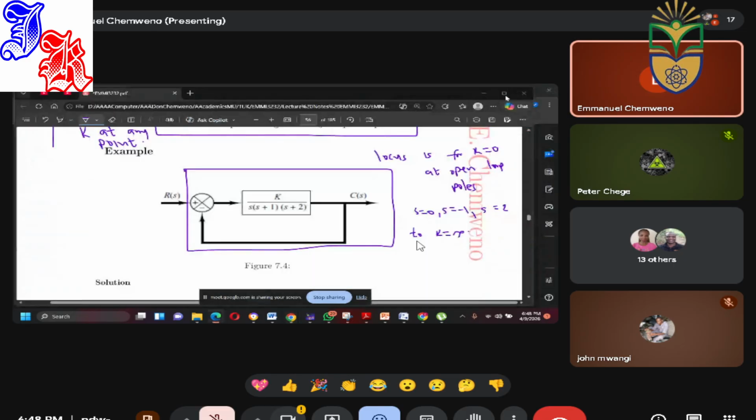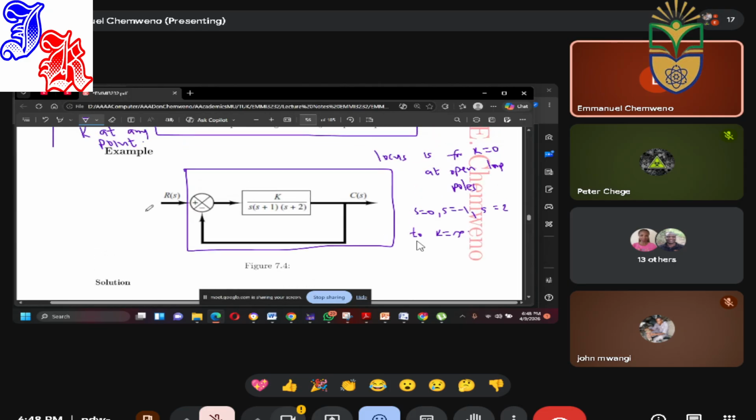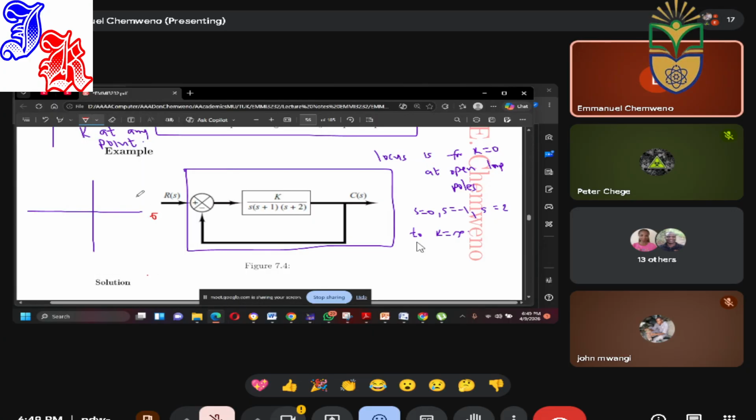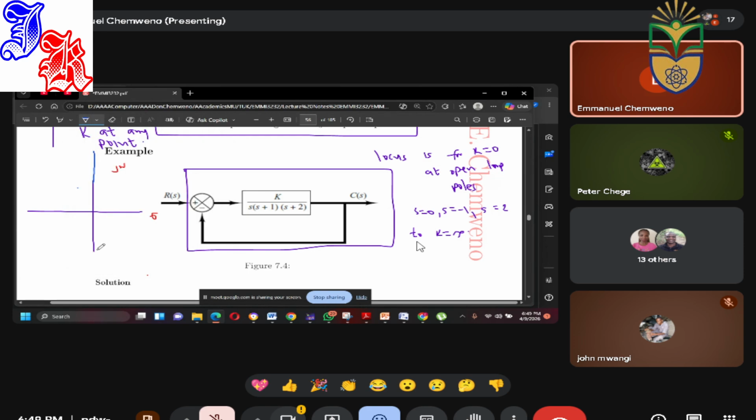Okay. We proceed. So the first thing, I will draw my S-plane. From this transfer function, S is equal to 0 has a pole. S is equal to -1 has a pole.